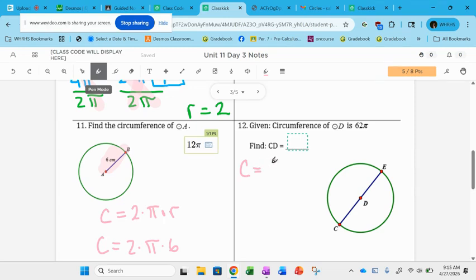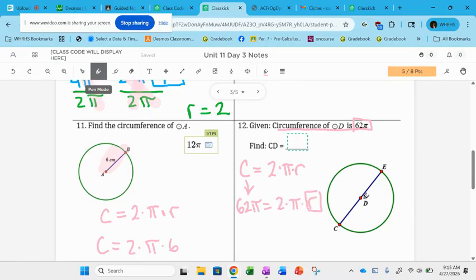So for number 12, I'm going to say C is equal to 2 times pi times r. But this time again, I'm telling you the circumference is 62 pi. So where am I putting that 62 pi for which variable? C or pi or r? C. So we're going to say 62 pi equals 2 times pi times r.